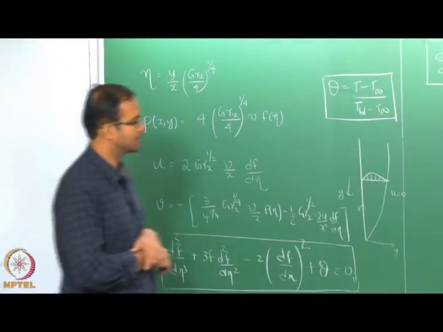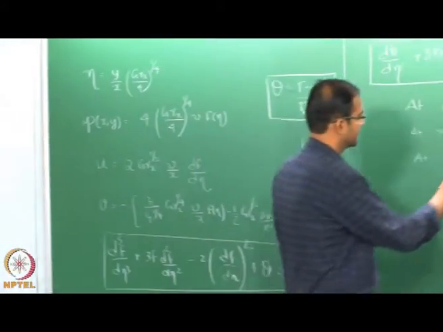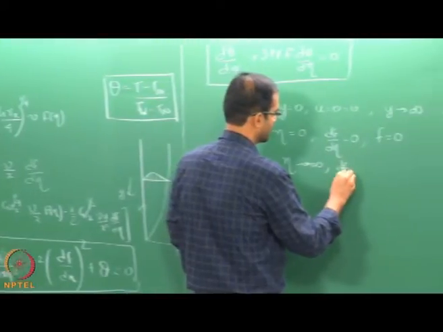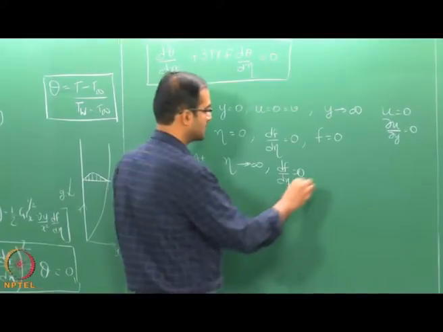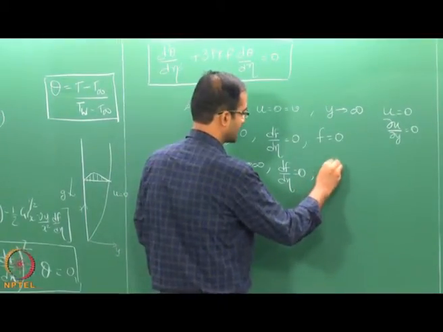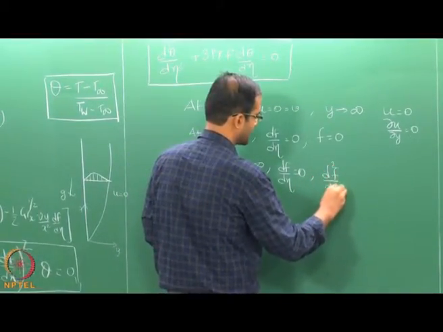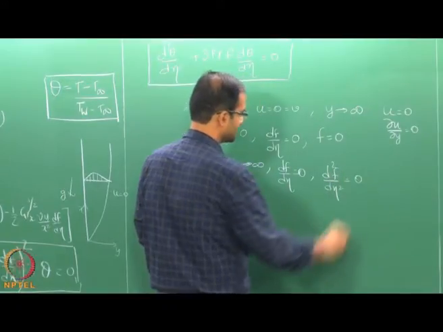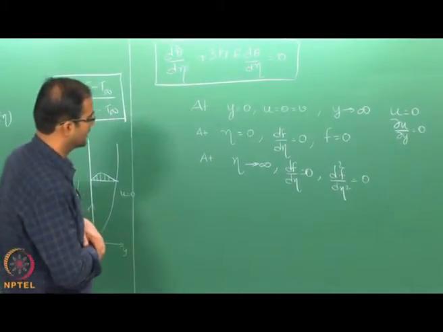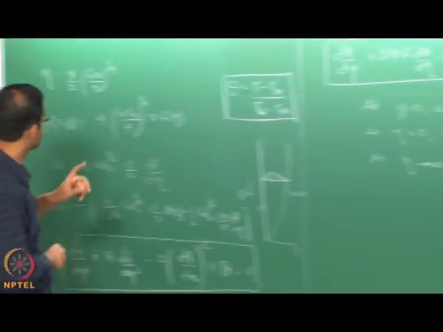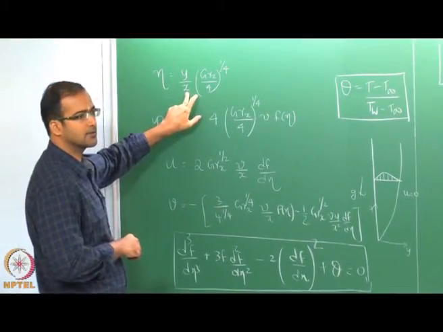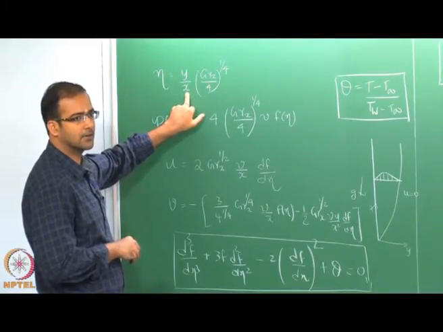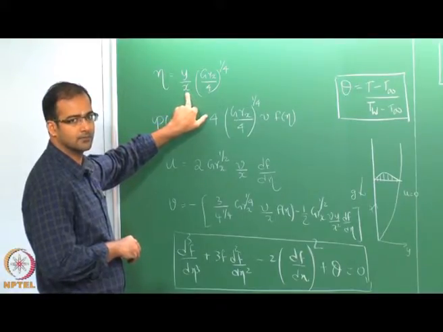df by d eta equal to 0 again, and if you put the condition du by dy equal to 0, d square f by d eta square equal to 0. Okay. So, now we should also remember that the condition at x equal to 0 is also part of eta going to infinity, correct.